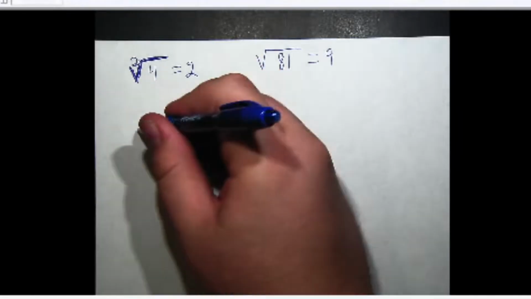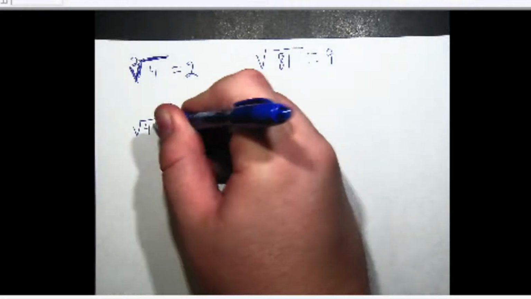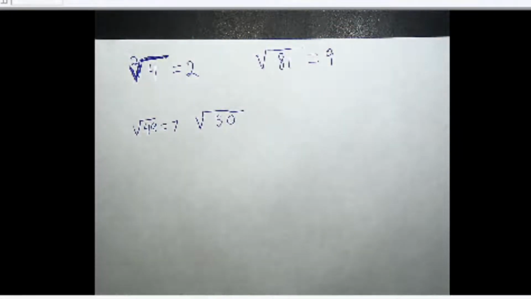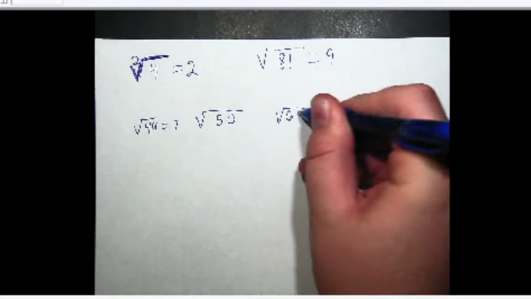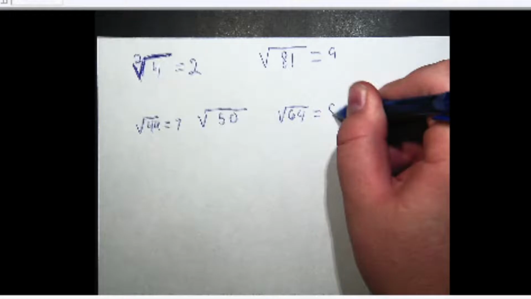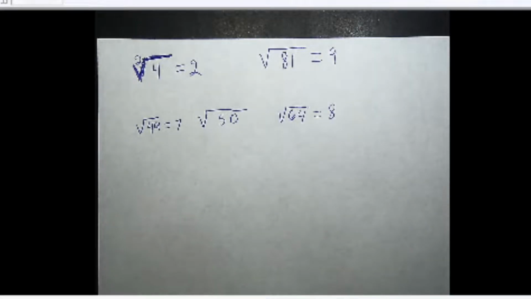So we know that the square root of 49 is 7. So this is just above that. And 8 times 8 is 64. So this thing has to be somewhere between 7 and 8.